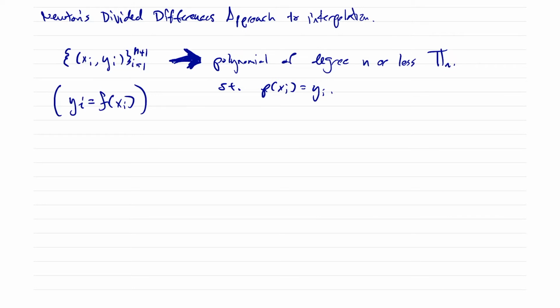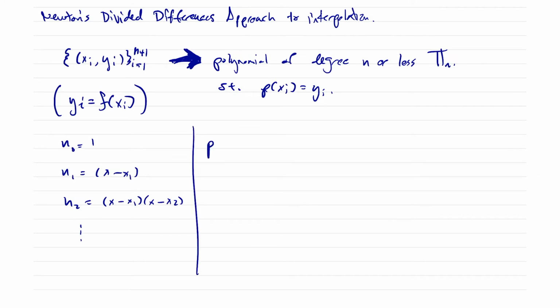We saw that if we use these polynomials, where we take N_0 to be equal to 1, N_1 to be x minus x_1, N_2 to be the polynomial x minus x_1 times x minus x_2, and so on, then we can make up a polynomial p(x), call it P_n(x) if you want to be specific about the highest degree you can have, equal to a_0 times N_0(x) plus a_1 times N_1(x), and so forth, up to a_n times N_n(x).